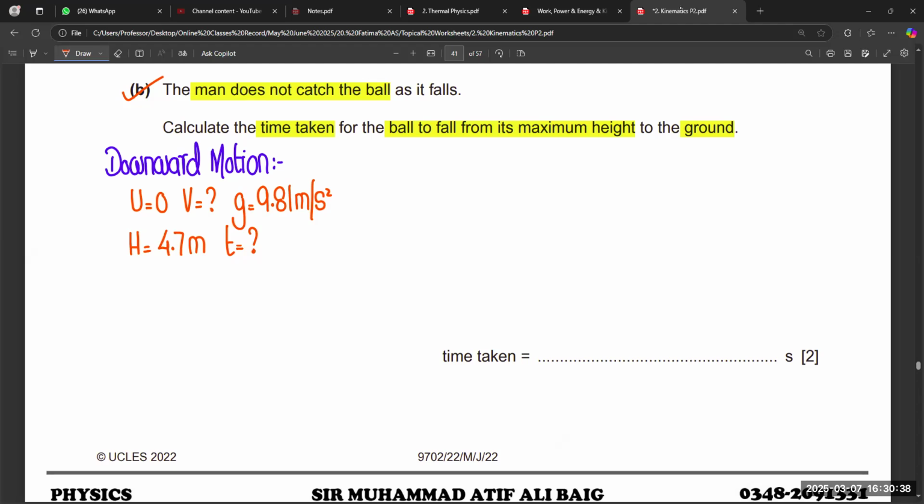So we only know the initial velocity, the value of g, the height, and time is unknown. So we can apply the equation which only consists of initial velocity, half g t square.